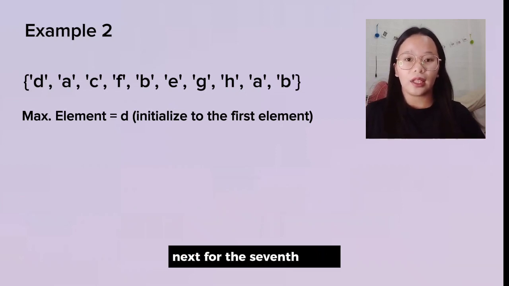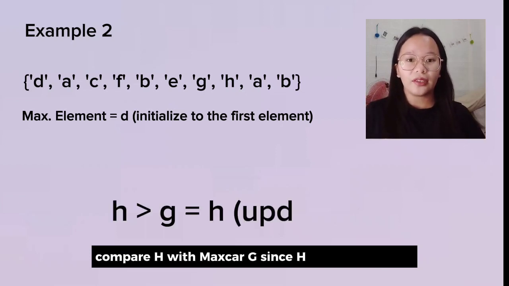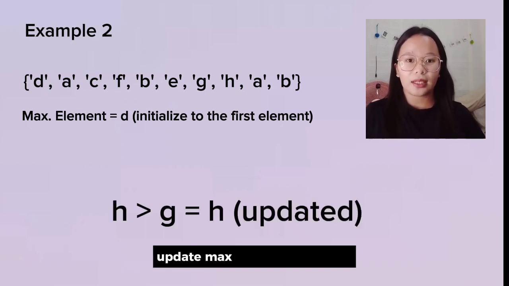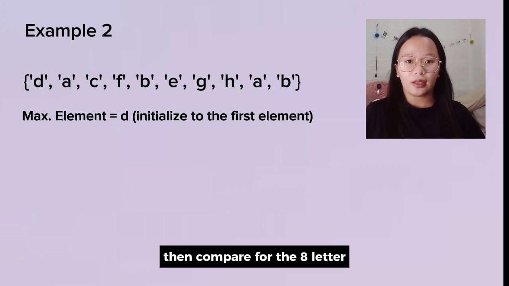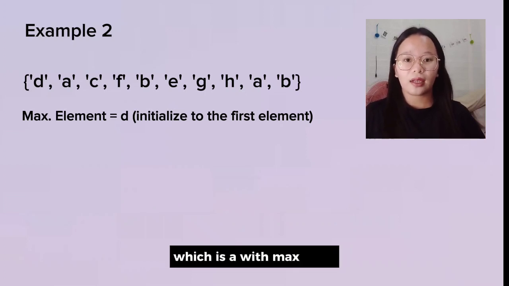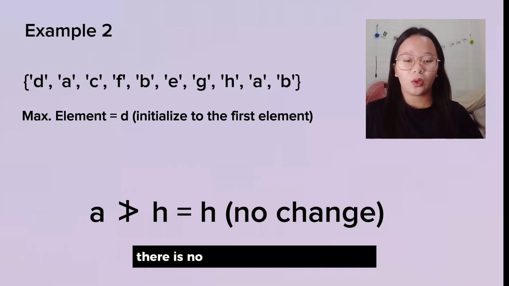Next, for the seventh letter, compare H with max char G. Since H is greater than G, update max char to H. As a result, the max char is updated to H. Then compare the eighth letter, which is A, with max char H. Since A is not greater than H, max char remains H. As a result, there is no change.